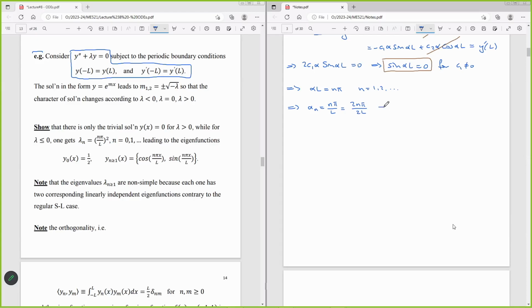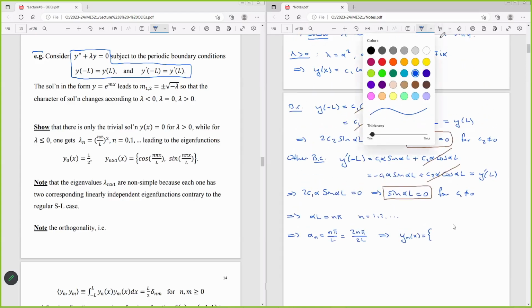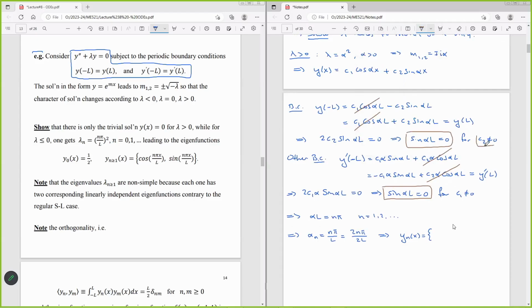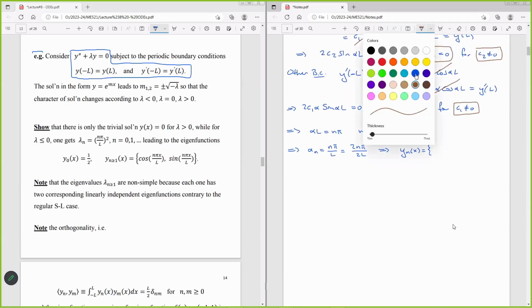And then the corresponding eigenfunctions. What are the eigenfunctions? Well, what was our conclusion here? C2 is different than 0, and C1 is different than 0, right? Which means both cosines and sines survive this procedure.